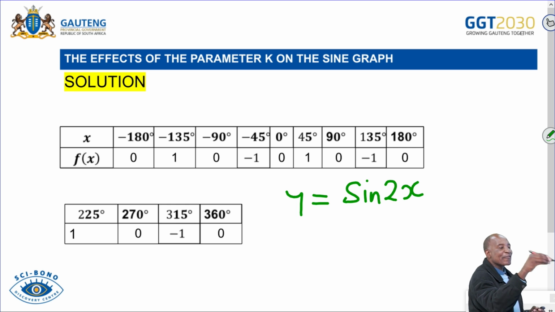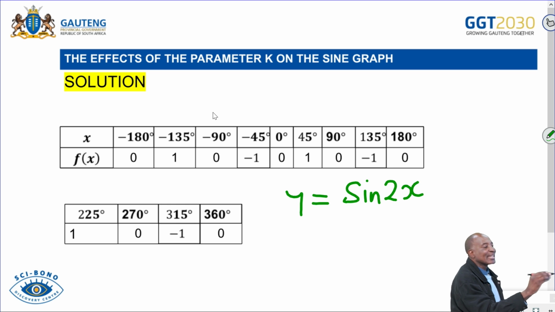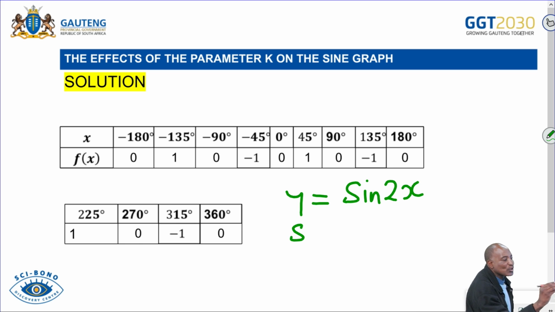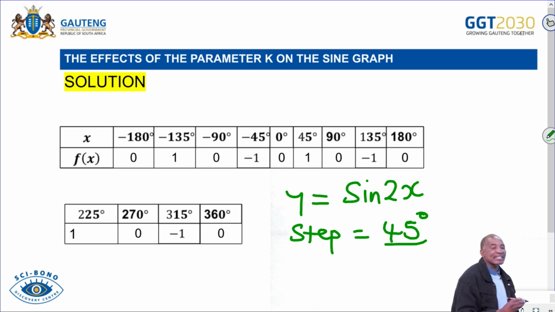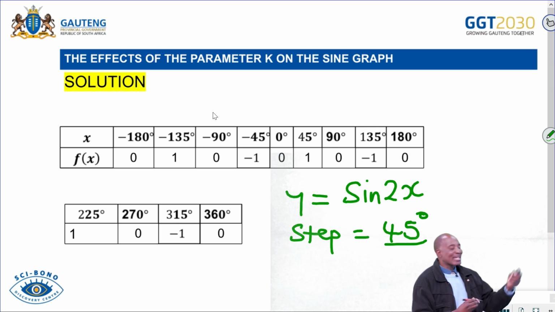You'll have to feed the 2 first, then alpha x. On the screen, you will see sine 2x. Then you proceed. When it says step, we are going to use a step of 45 degrees. I want you to use a step of 45 degrees. Then you enter and continue and obtain the same table that you see on my screen.